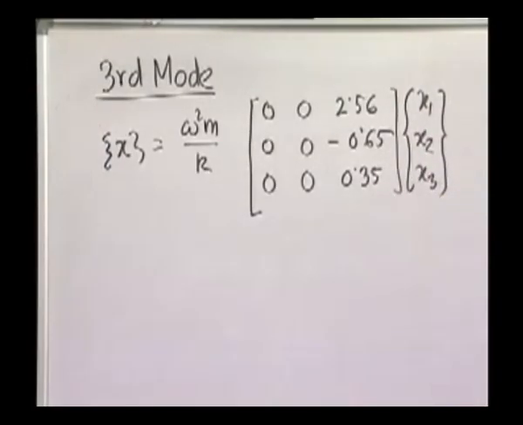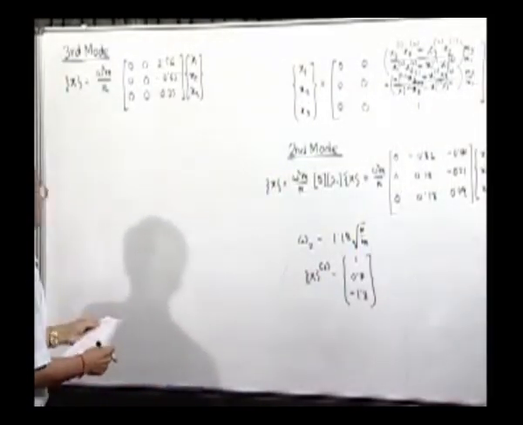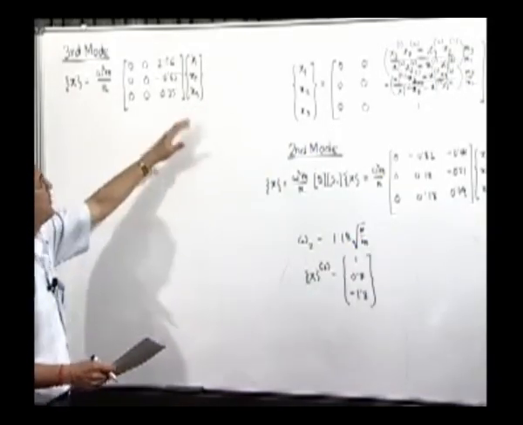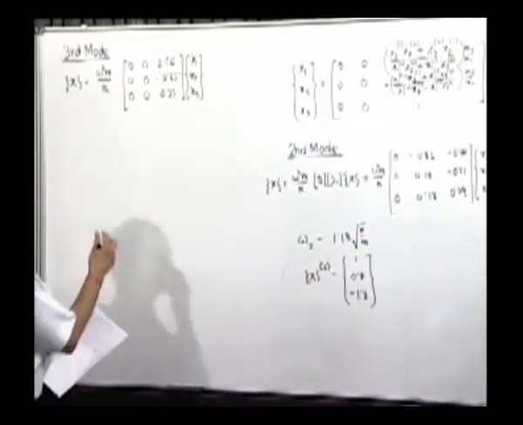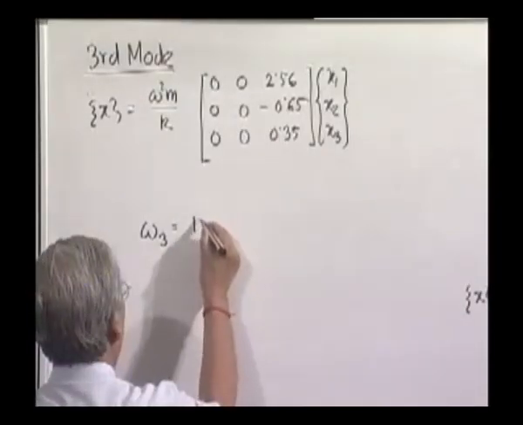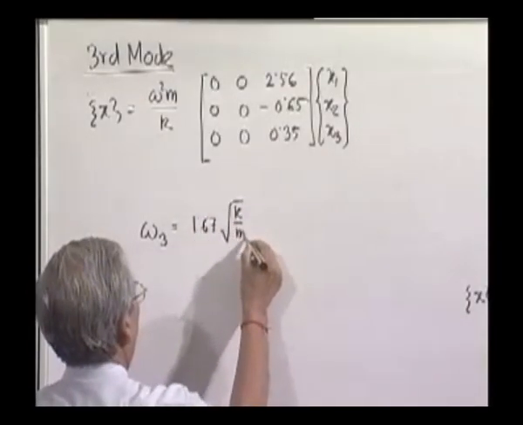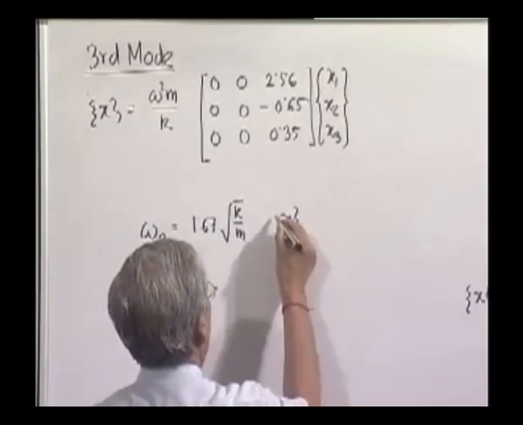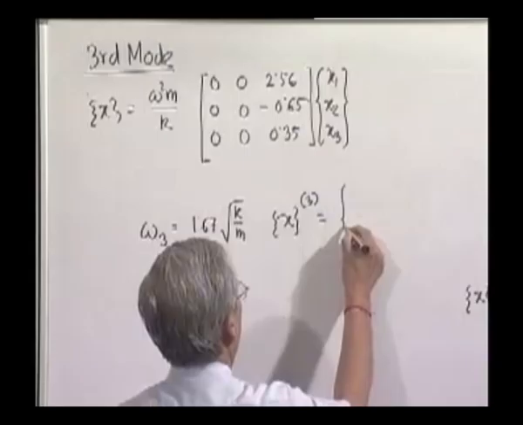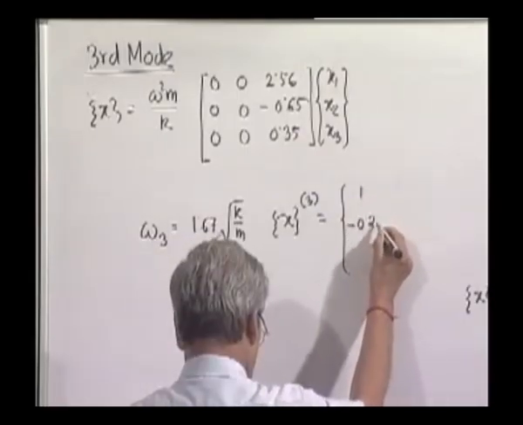So this D into S1 is this matrix. If we again assume any value of x to start with and pre-multiply by this again and again, we will converge to omega 3, and the third mode will be 1, minus 0.245.